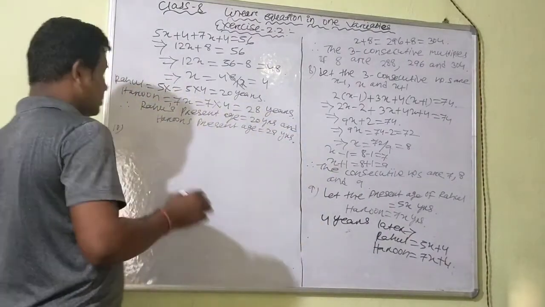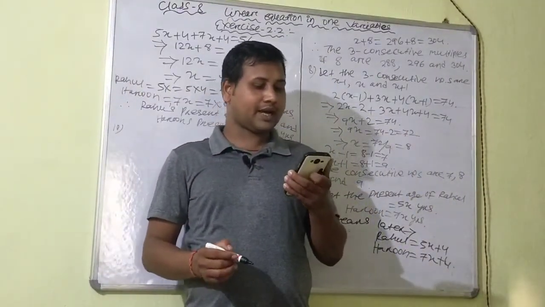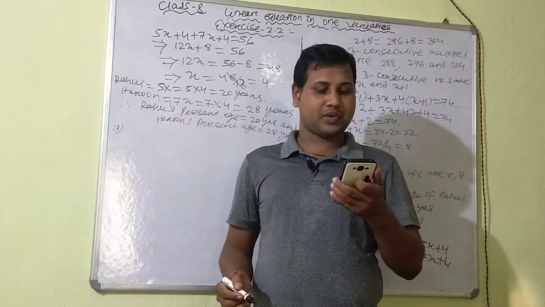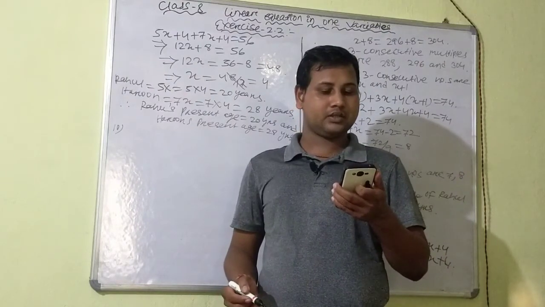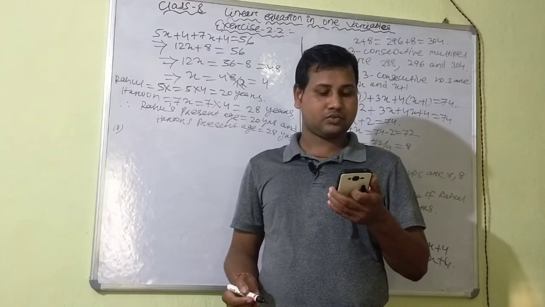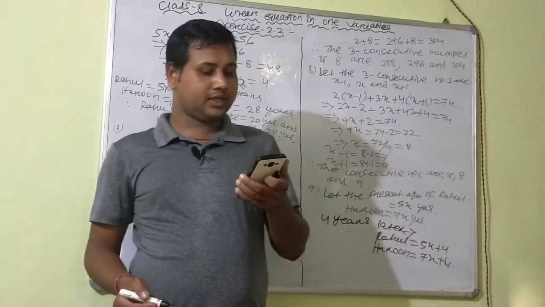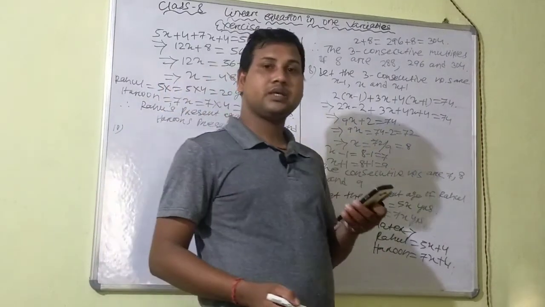Now the next question: the number of boys and girls in a class are in the ratio 7:5. The number of boys is 8 more than the number of girls. So we'll write, let the number of boys be 7x and girls be 5x.